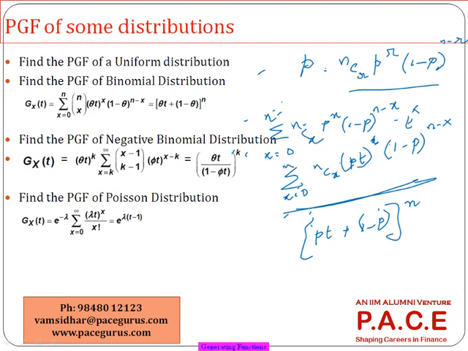So this is an expansion of (pt + 1 - p) to the power n, which is what he is saying is the probability generating function. Here he has used theta instead of p. So (pt + 1 - p)^n is your probability generating function in the case of binomial.